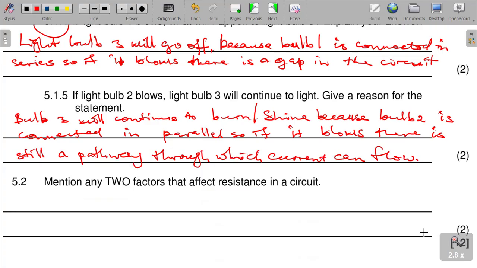Mention any two factors that affect resistance in a circuit. One, we can talk about length of the conductor. Two, it can also be type of material.